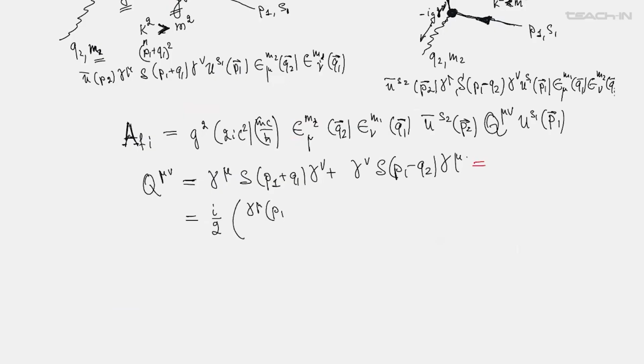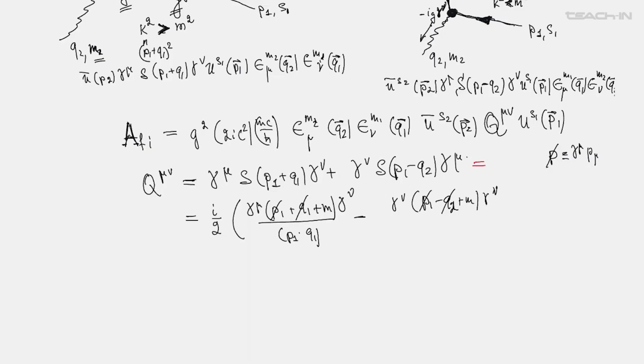This cross means gamma mu p mu, by definition. This is gamma mu p mu plus m, the mass, gamma nu, divided by the product p1 q1, minus gamma nu (p1 crossed minus q2 crossed plus the mass of the electron) gamma mu, divided by p1 q2. This is one of the possible presentations of this tensor Q mu nu.